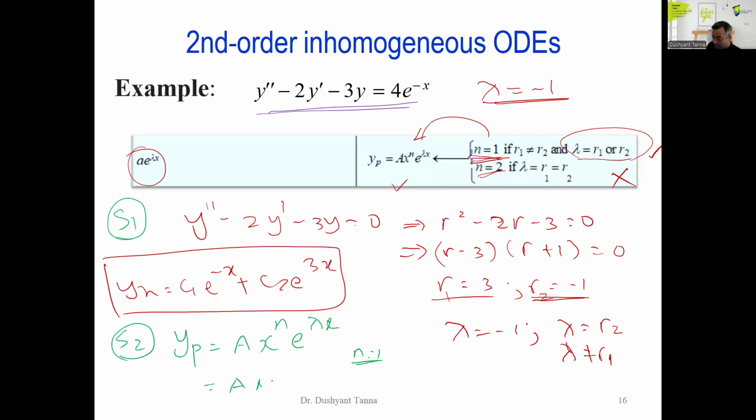So this will be ax e raised to minus x. That's our yp. Once we got our yp, job done. My job is done. We go for y dash, we go for y double dash, plug it back in the original question, compare the left and right. Pretty much same thing that we have been doing last week and all the earlier 3 examples today.